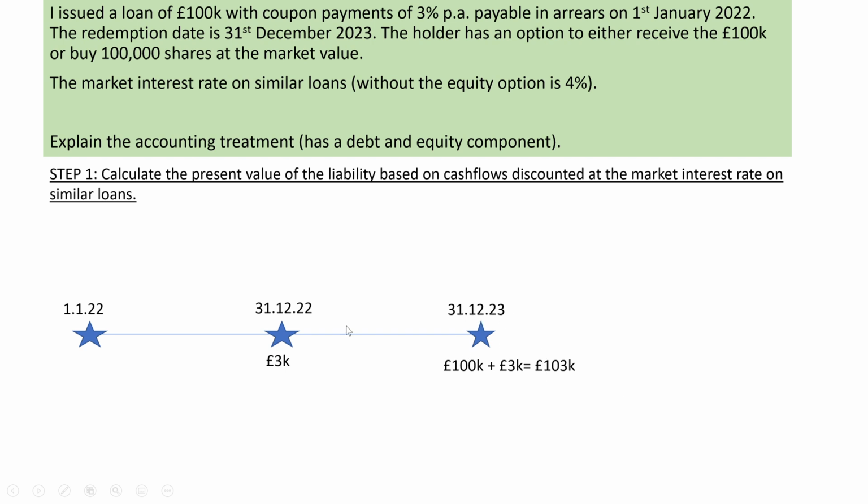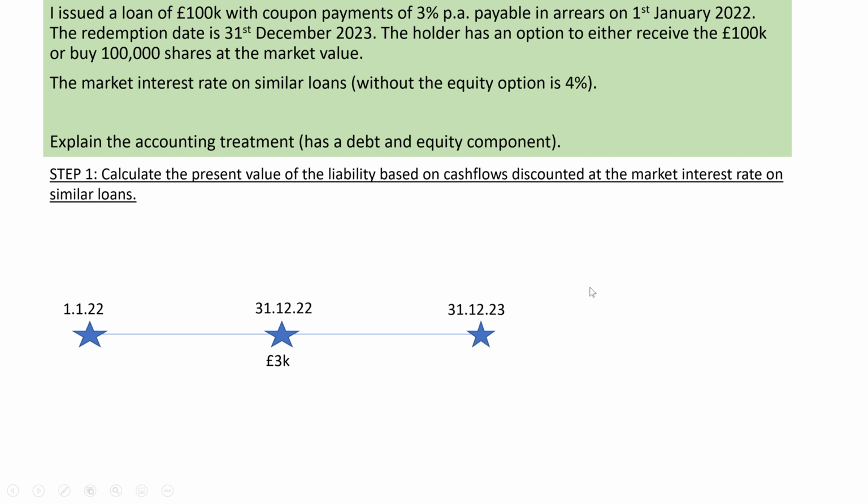So is our total liability 106k? No, it isn't, and that doesn't make sense because that 106 would be higher than the 100k anyway. So what do we do? Well, we discount the cash flows at the 4% rate.